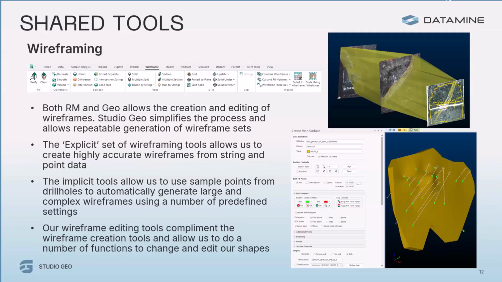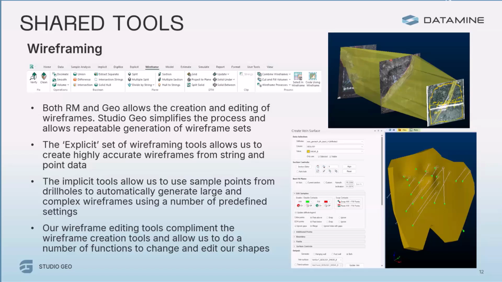The main difference is Studio Geo is going to simplify the process of creating a repeatable set of wireframes. If you have used the implicit wireframing tools in Studio RM before, you'll know that when you create an implicit wireframe, it will create one wireframe at a time, and then you'll have to close the window, bring up a new window, and then create a wireframe for a separate attribute.